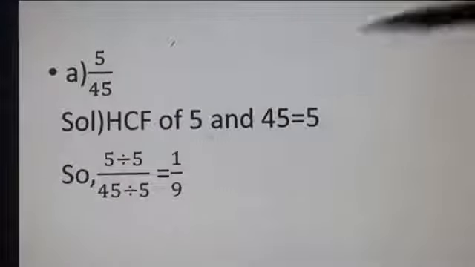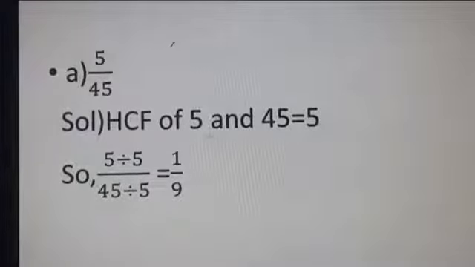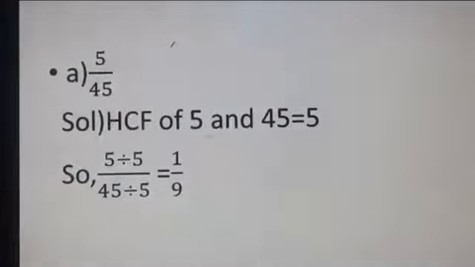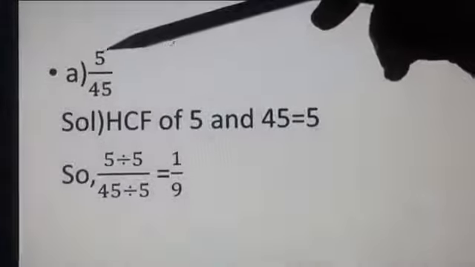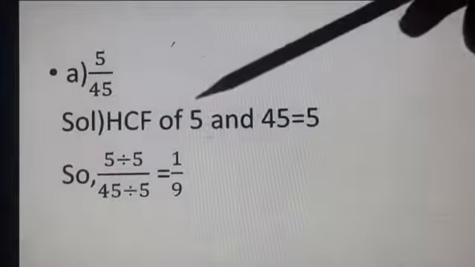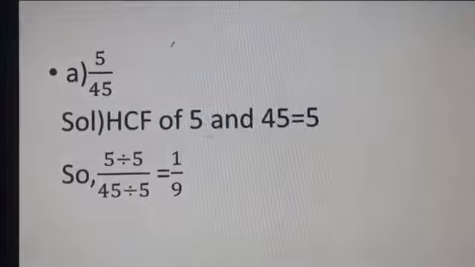This is our second method for converting into lowest term. 5 upon 45, we have taken again that first part. We will find out the HCF of 5 and 45. HCF, now you all know how to find out. So HCF of 5 and 45 is 5 because 5 9s are 45.